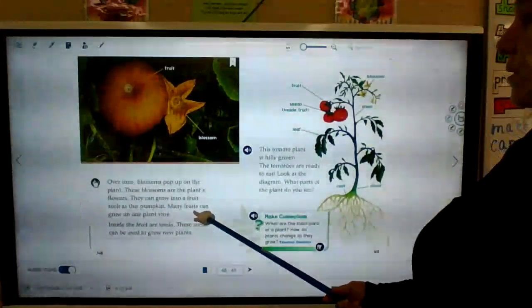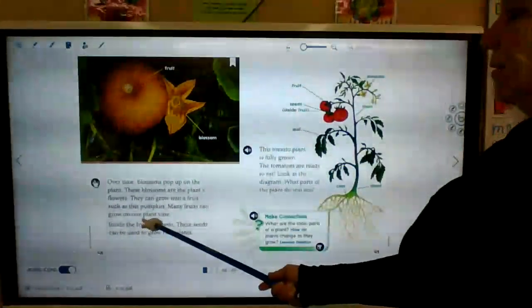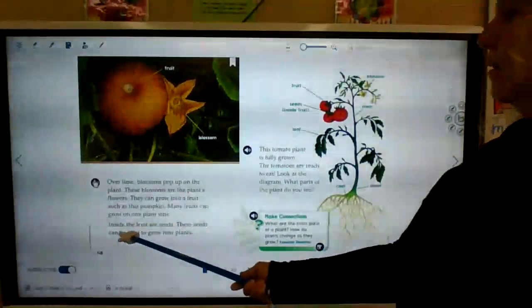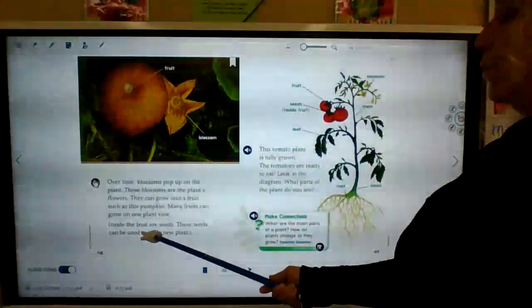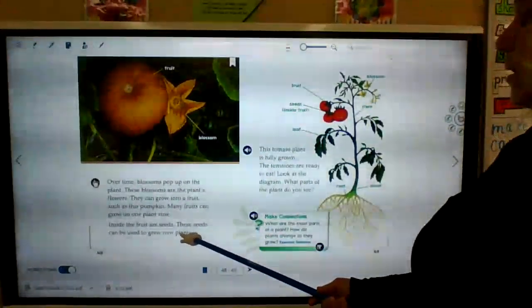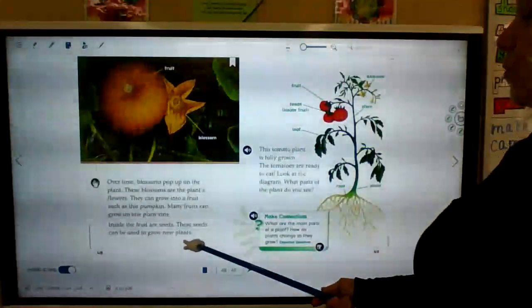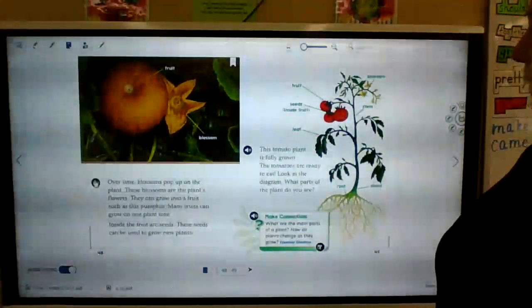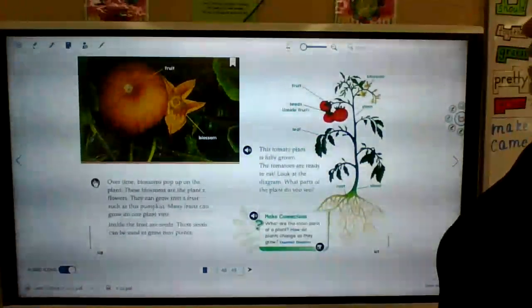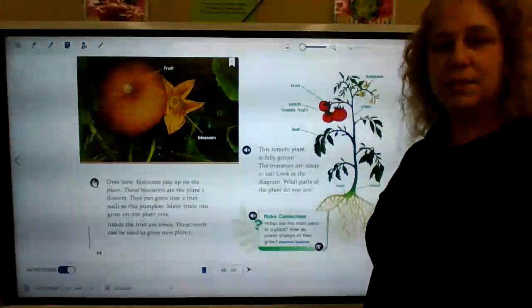Many fruits can grow on one plant vine. Inside the fruit are seeds. These seeds can be used to grow new plants. So yes, a pumpkin is actually a fruit because it has seeds.